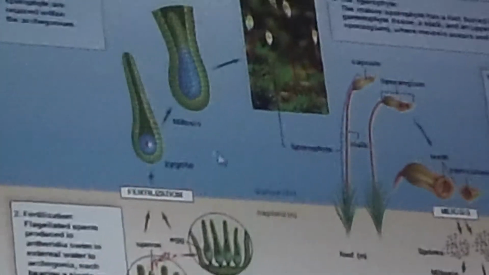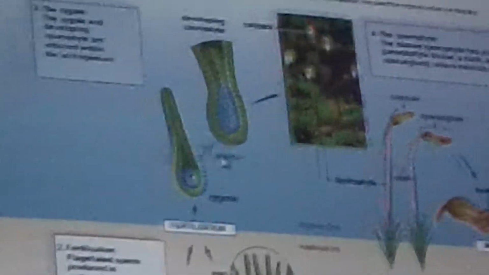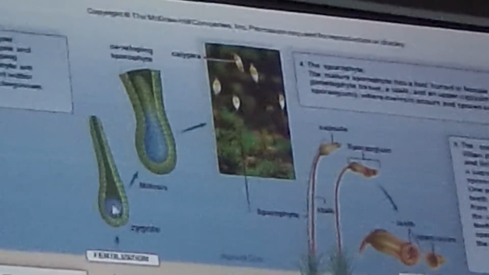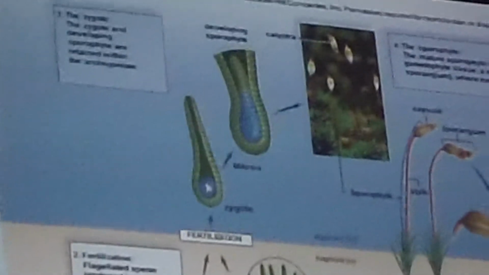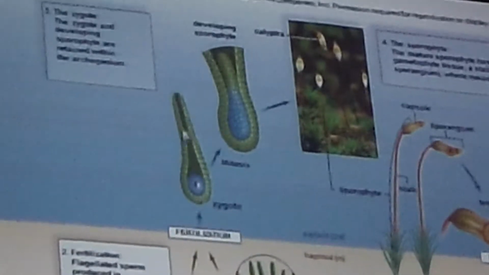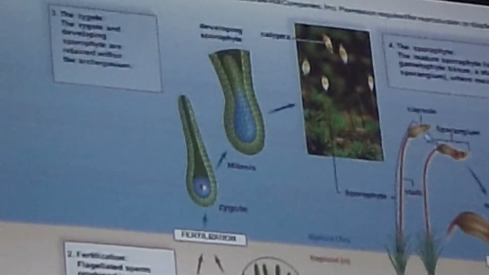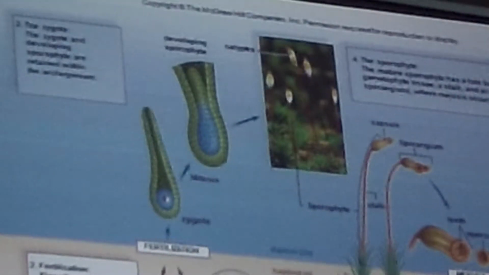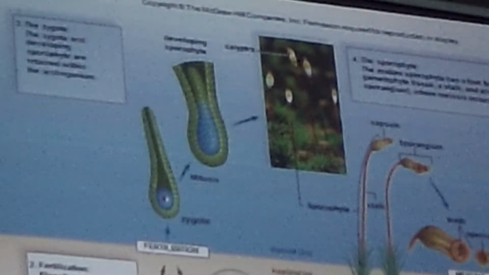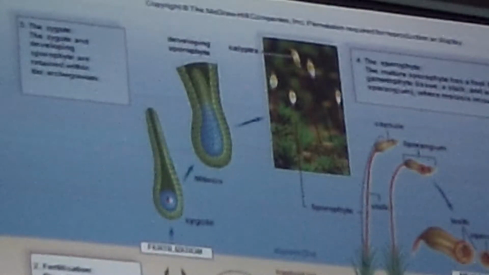Anyway, the sperm fertilize the egg, and you have a zygote. A zygote is what we call a fertilized egg. And the zygote will multiply like crazy and grow into what they show here, a stalk and capsule. A stalk and capsule grows up out of the female gametophyte. So the egg just sits there.